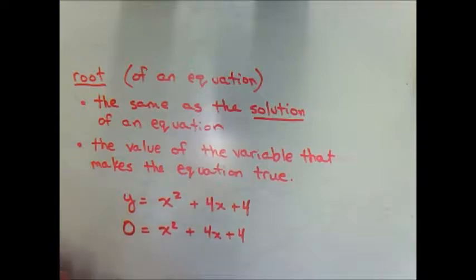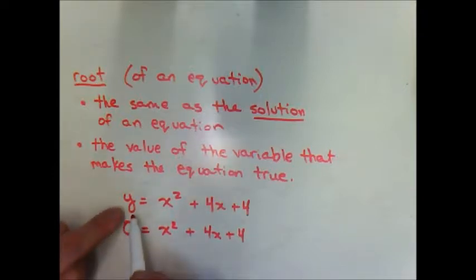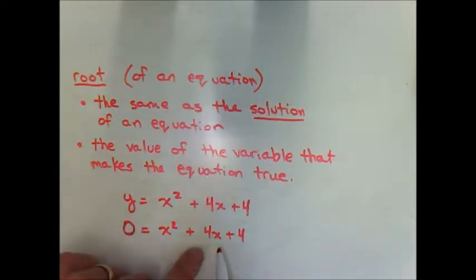This is our quadratic equation, and it equals 0, so there's only one variable, and the solution to this problem is the x, or there could be two options for x, that makes the equation true. So because there is something that it has to equal, we're not just finding out what it equals when we put in an x, we're finding the x that makes this true. There's only one, sometimes 2 solutions, sometimes 0 solutions.